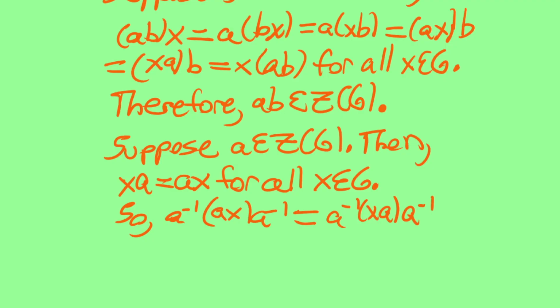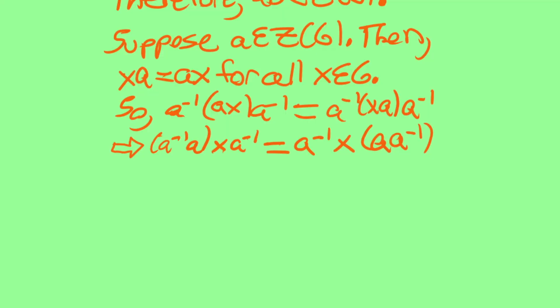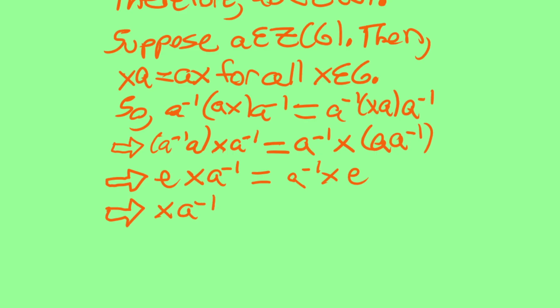And this implies that A inverse A, XA inverse equals A inverse X A A inverse, which implies the identity in XA inverse equals A inverse X identity, which implies A negative 1 X equals X A negative 1.